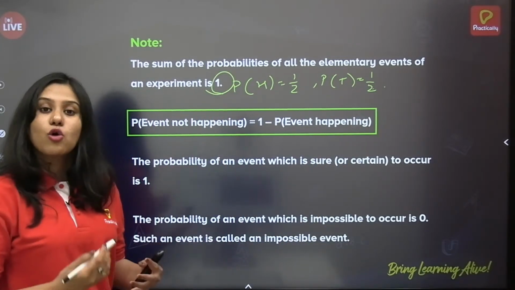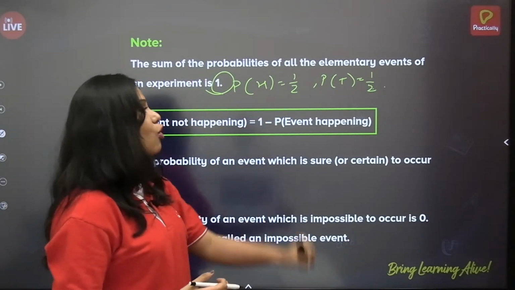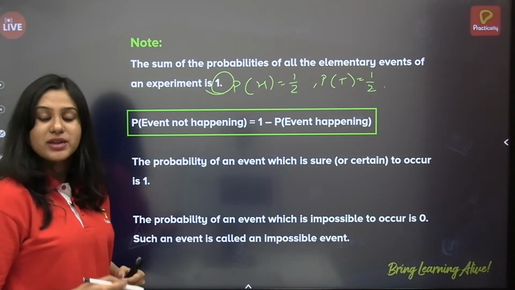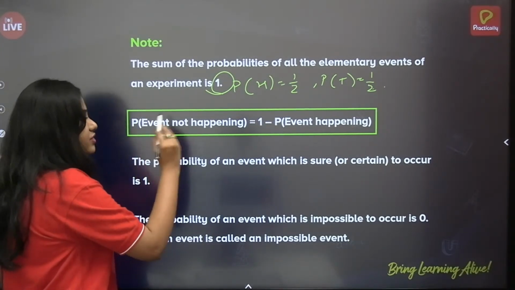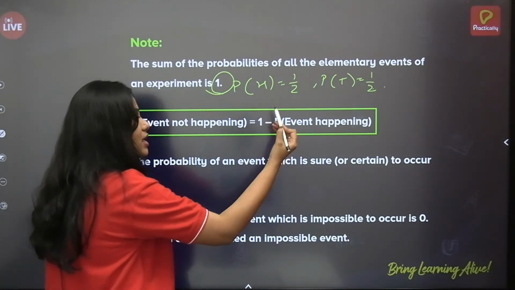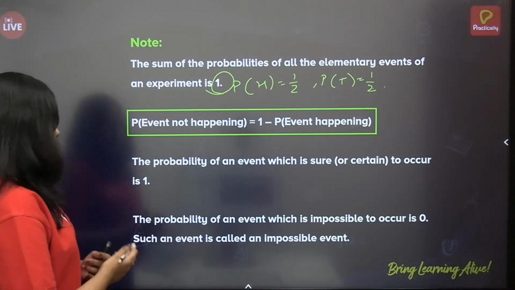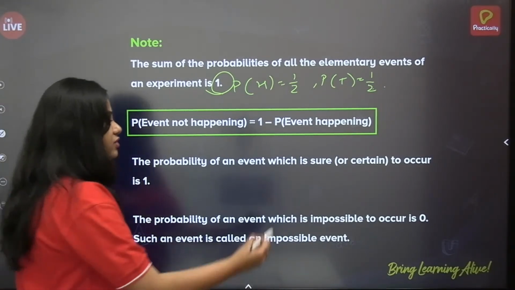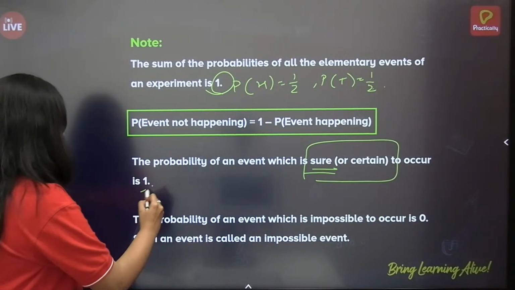Of course, we get 1. Why? Because the sum of the probabilities of all the elementary events of an experiment is 1. Okay? Next, the probability of an event not happening is equal to 1 minus the probability of the event happening. Of course, right? Next, the probability of an event which is sure or certain to occur is 1.